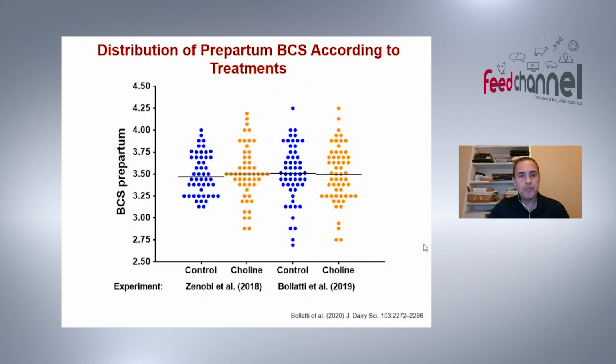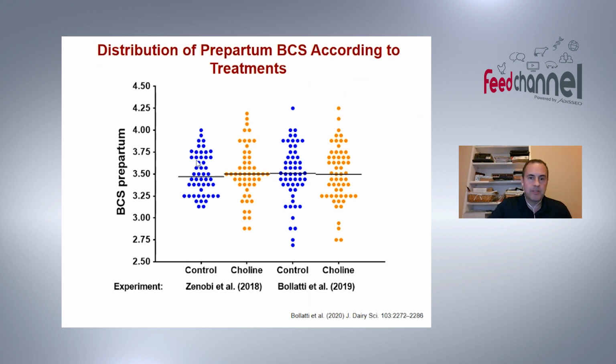One of the pressing questions that many people ask is, what cows respond to choline? Are only the ones that are more prone to fatty liver? So we pulled together data from 2 experiments in which we collected body condition score twice before enrollment in the experiment. And we had cows that received no choline supplementation, or they received 12.9 grams of choline ion in a rumen protected form.